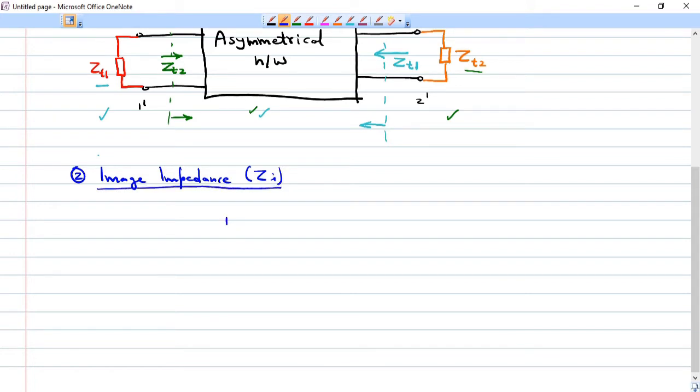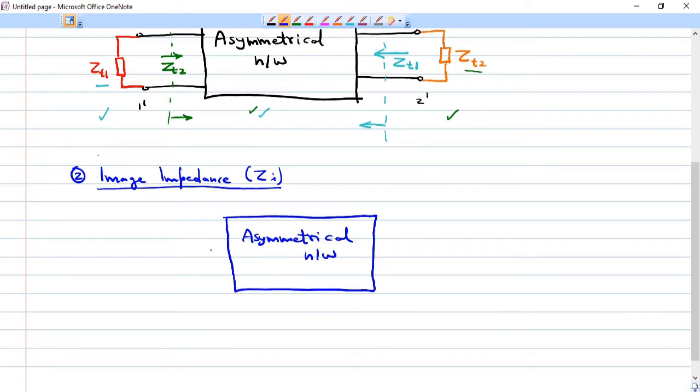So if we consider an asymmetrical network, again you can draw the input port 1,1' and you can draw the output port 2,2'.